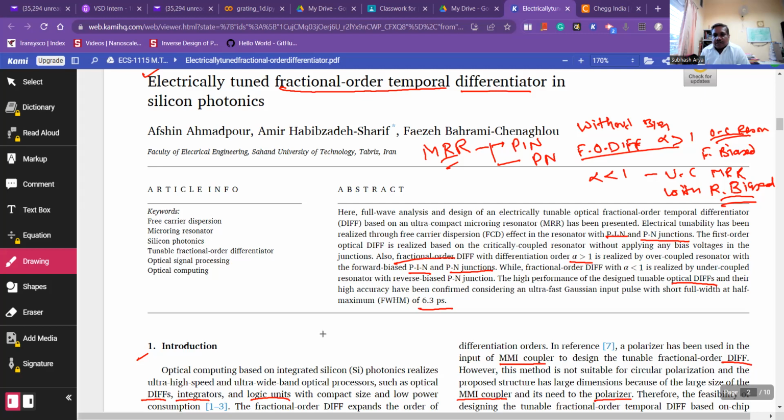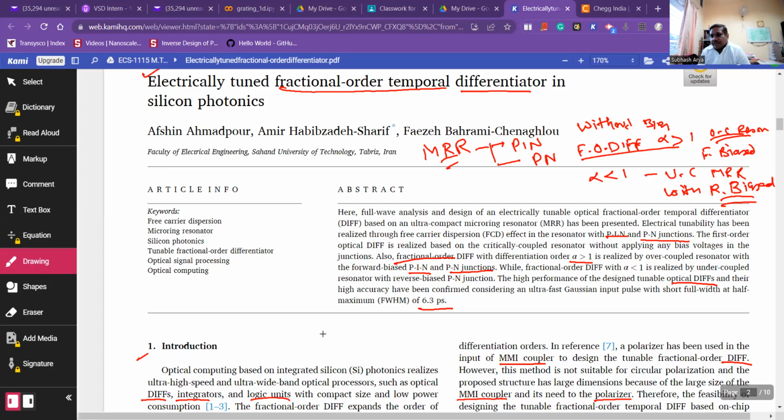The first order optical differentiator is realized based on the critically coupled resonator without applying any bias voltage in the junctions. Also, fractional order differentiator with differentiation order alpha greater than 1 is realized by over coupled resonator with forward biased PIN and PN junctions.